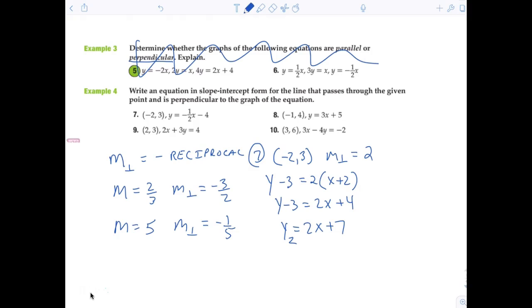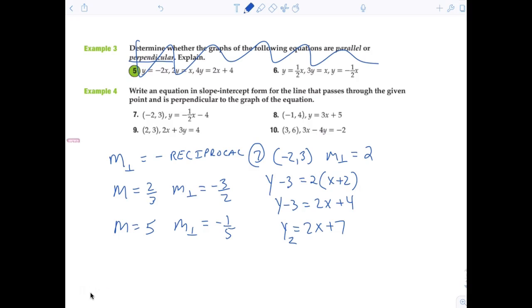I'm not sure why the square button isn't working. Unless I wrote the equation wrong. Let's see if I wrote the equation wrong. So let's go back to the original, which was -1/2.